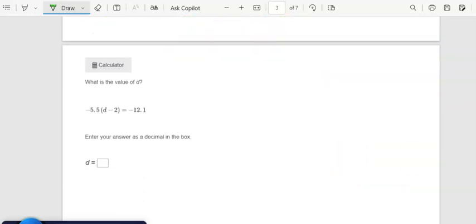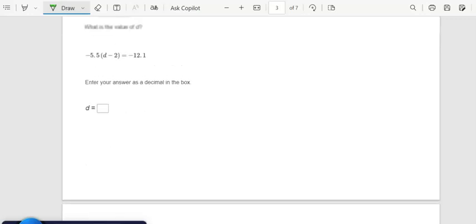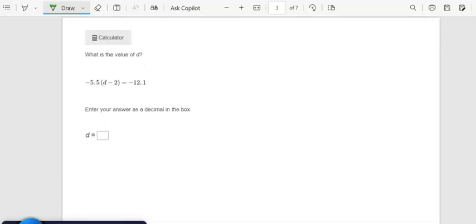So on this one, we're going to have to use distributive property. We have negative 5.5 parentheses d minus 2 is equal to negative 12.1.